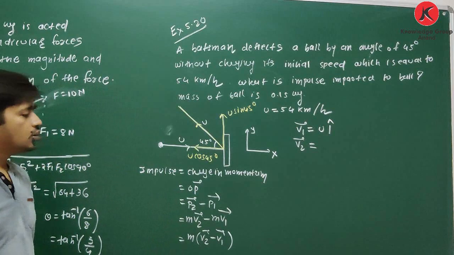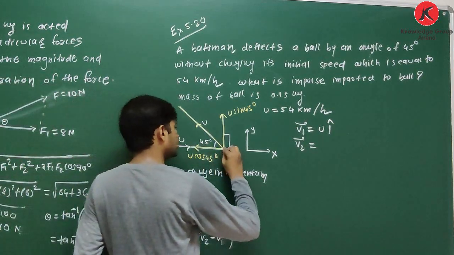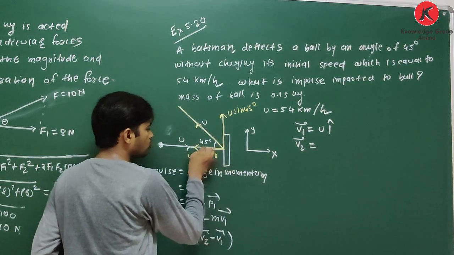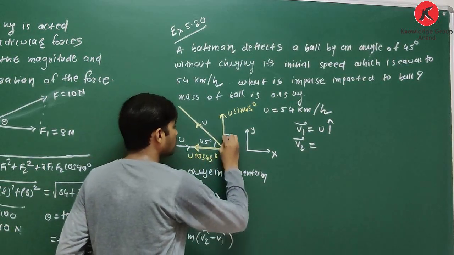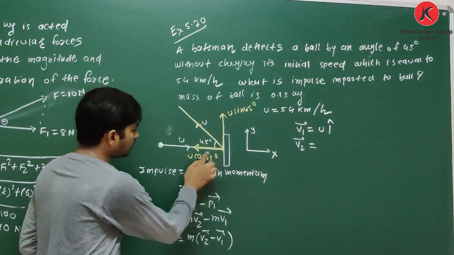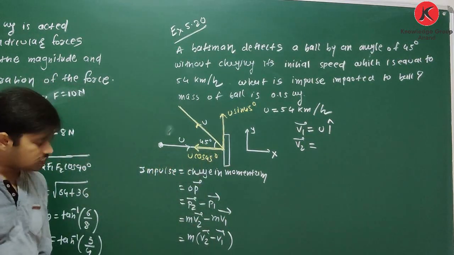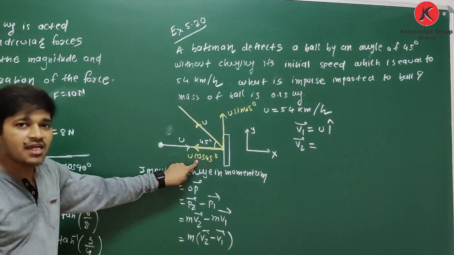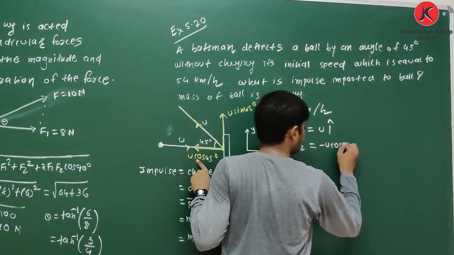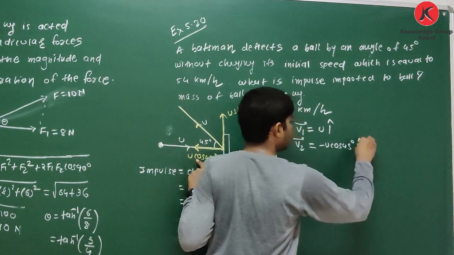After striking the bat, it is moving in this direction, so these are its two components. This component is in the negative x direction, so we write minus u cos 45 i cap.